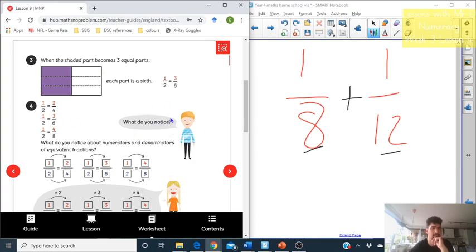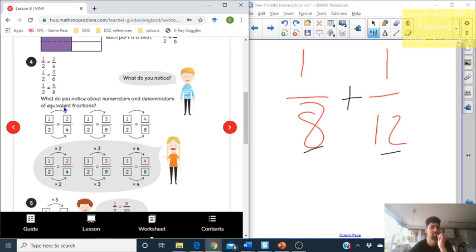This guy over here, this little gent, what's he saying? What do you notice? 6, 3, 8, 4, 4, 2. What do you notice about numerators and denominators in equivalent fractions?